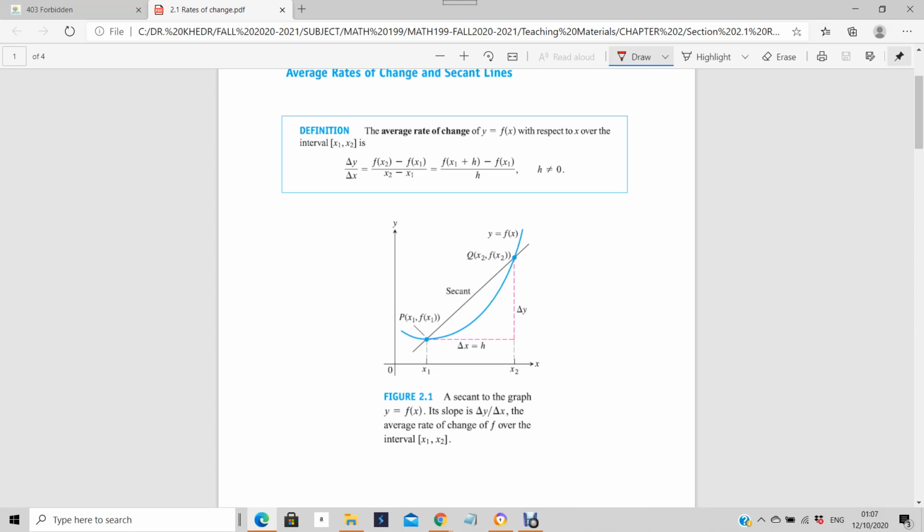So I can add here also the slope of the secant line. I'll use the symbol m, okay? So m is the slope of the secant line.